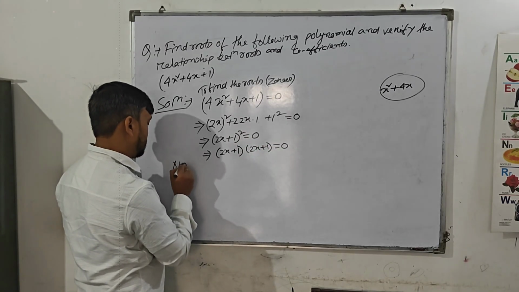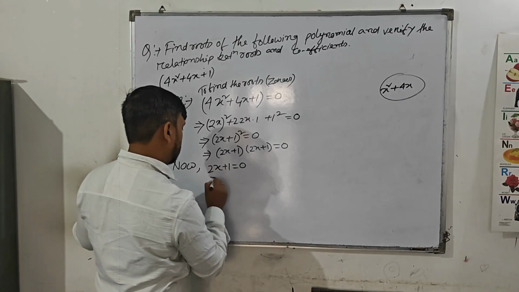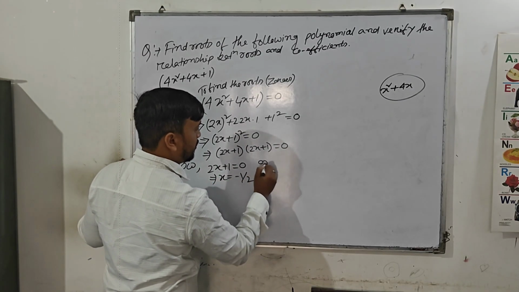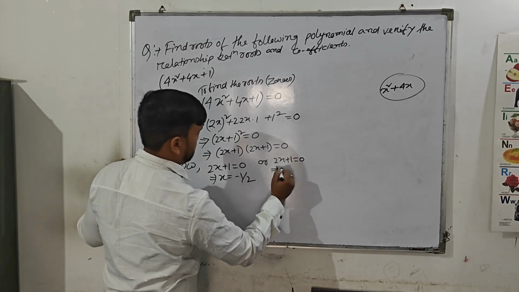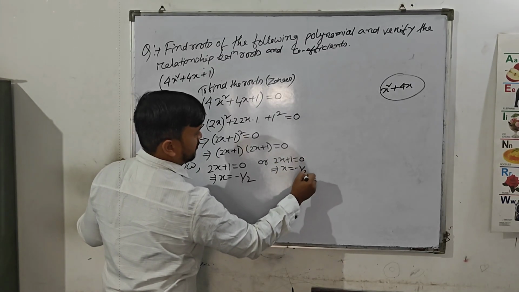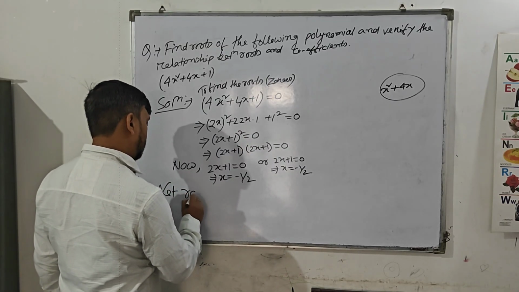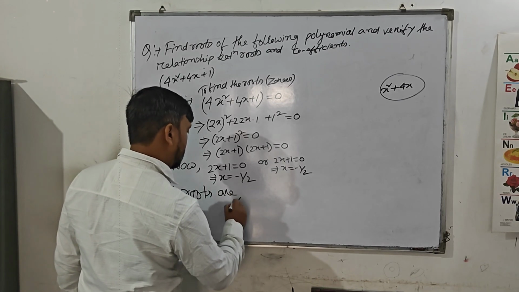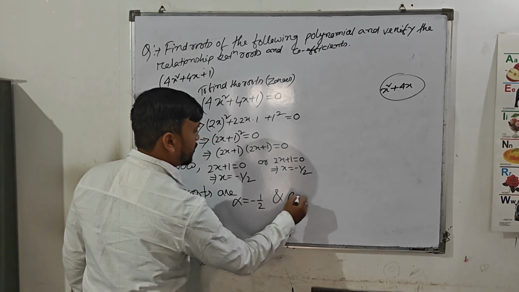Now b is equal to 0, that means a or b is equal to 0, right? Let roots are alpha and beta.